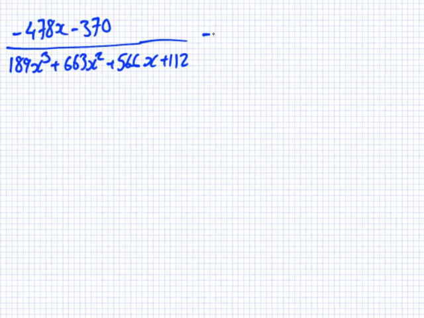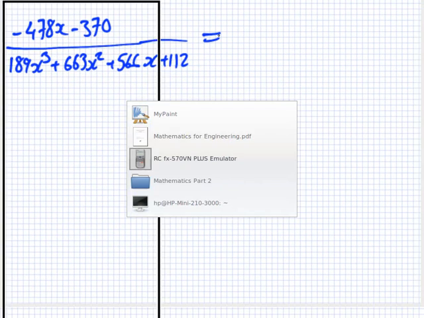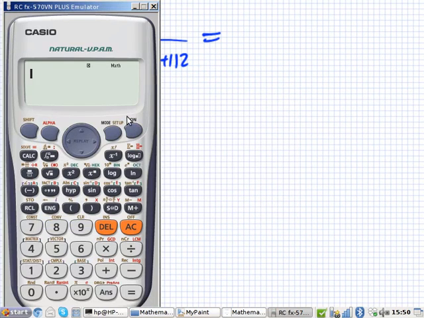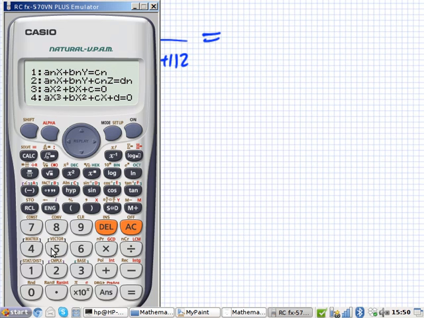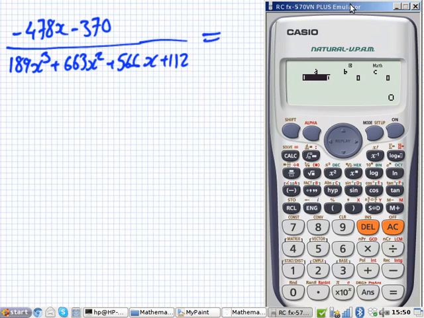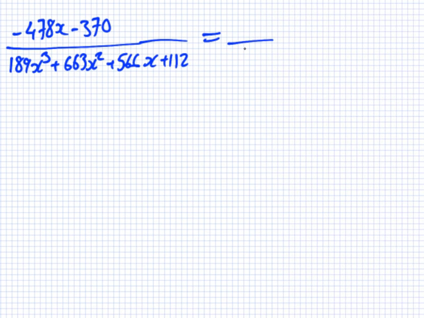Right. If we look at this one, I will just do a quick mode 54 to get the roots. So, the first one is 3x plus 7. 9x plus 2.